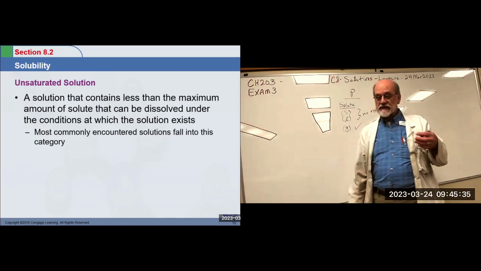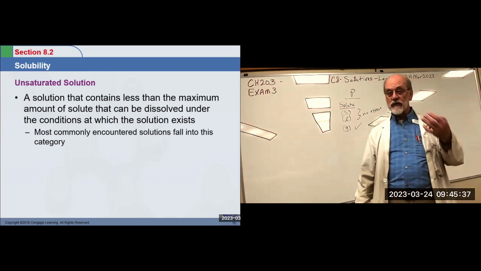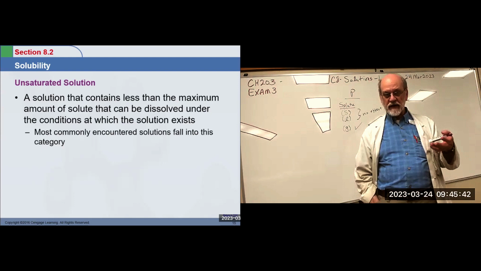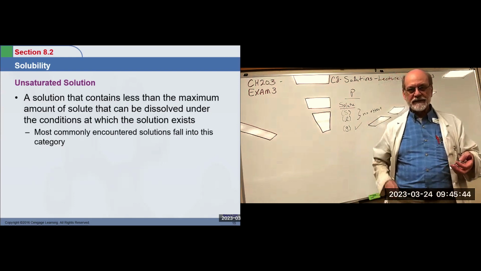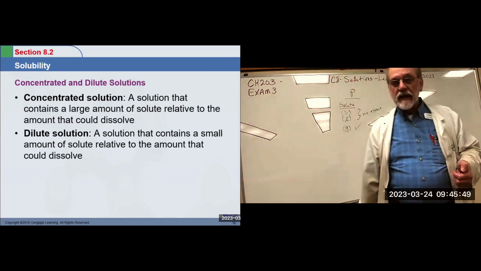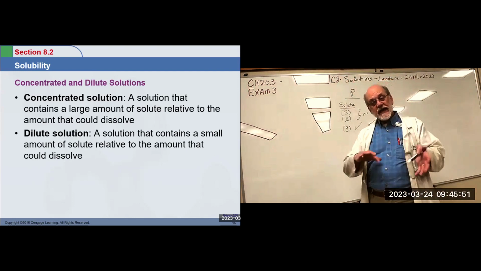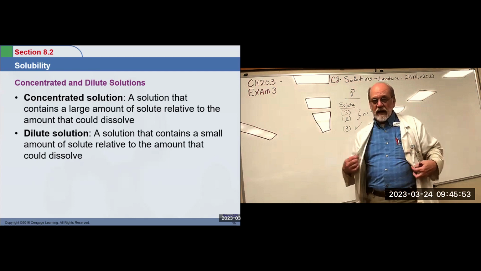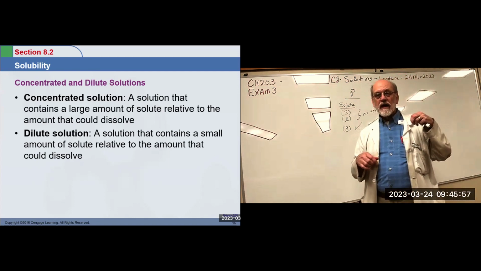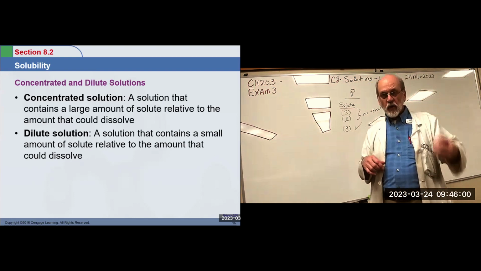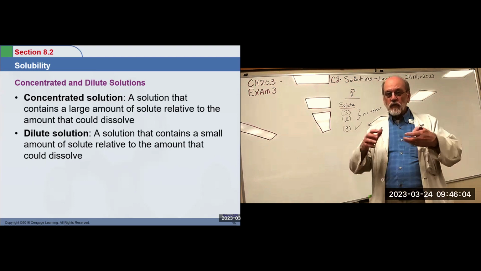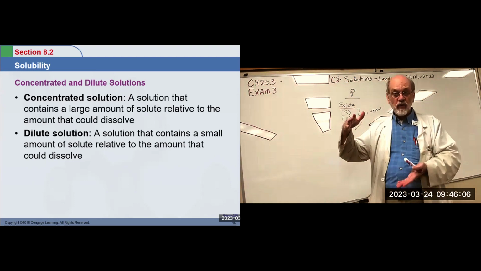An unsaturated solution is simply one that doesn't have all the solute that it can carry. You can put more solute in an unsaturated solution. Other qualitative descriptors: a concentrated solution is one that has a large portion of the solute in the solvent relative to its saturation point.